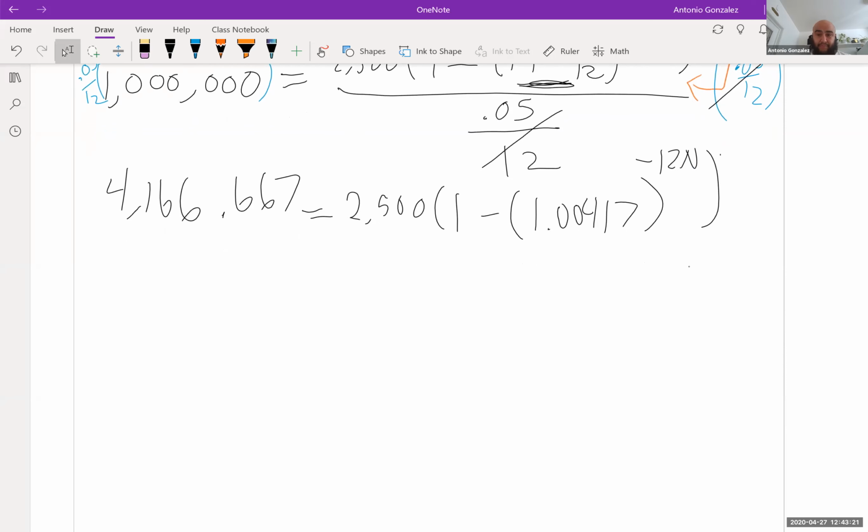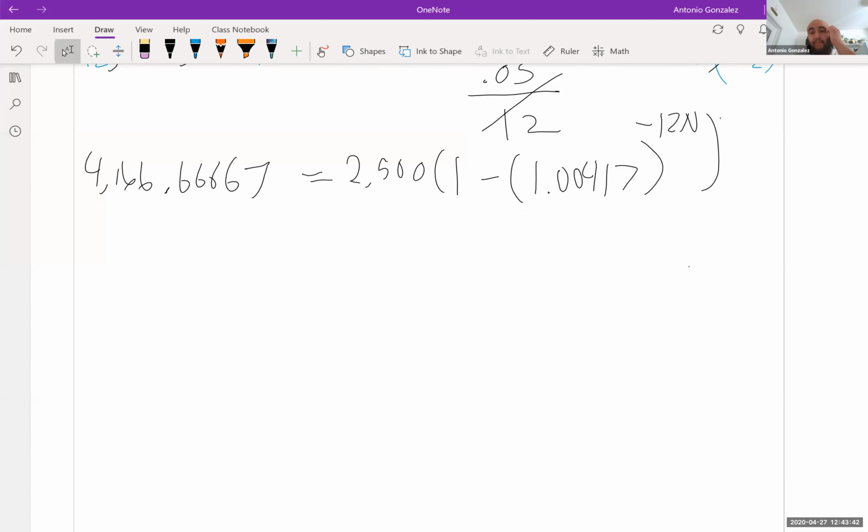Actually, let me keep the number of decimal places the same here, just so it's hopefully less confusing. So here I went 5, so here we'll go 3, 4, and the last one will be 5. All right. So that is our first step.